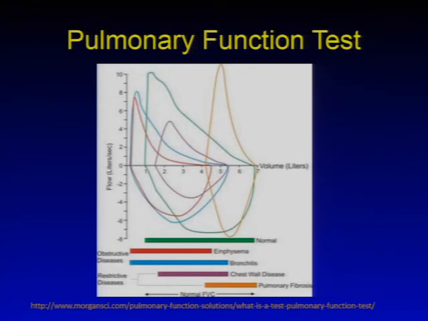Certainly, it can also be greater than 1, especially as you can see here in the pulmonary fibrosis category. Generally, with obstructive disease, you would expect the FEV1 to FVC ratio to be less than 1, which would indicate some sort of obstructive disease.